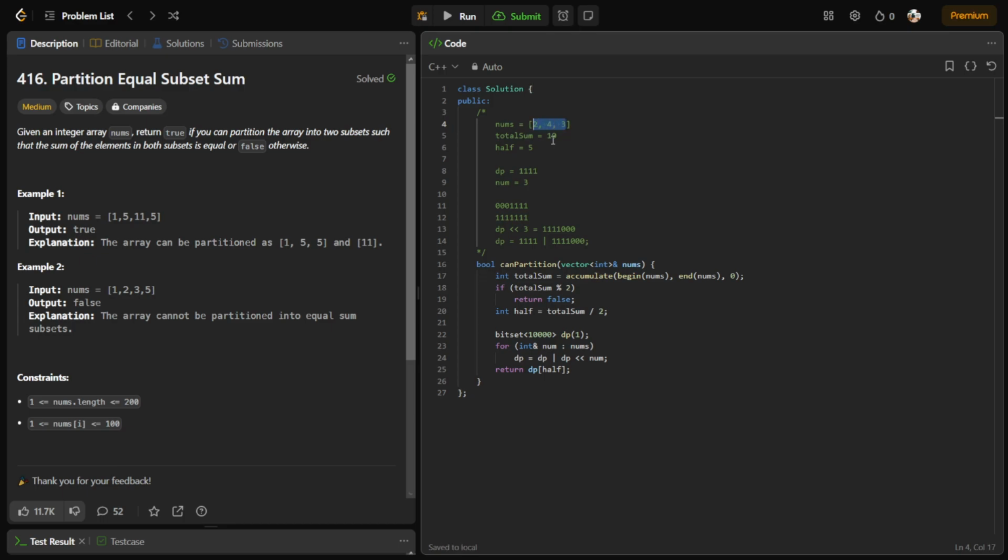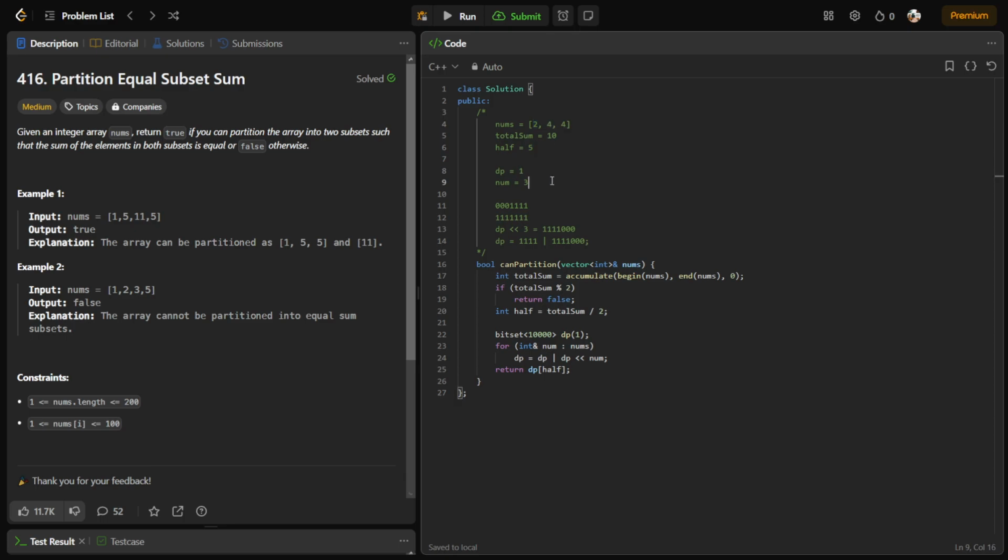And with 9, there's no way for us to split it into 2, right? Because to split it into 2 subsets, we will need the whole number to be an even number so that we can actually split it into 2. Right? Okay, so the half of it would be 5. Right, 6 plus 4, 10 divided by 2 is 5.